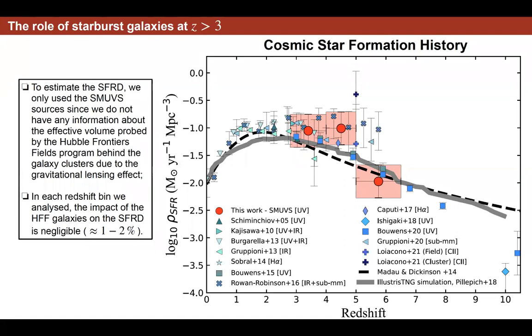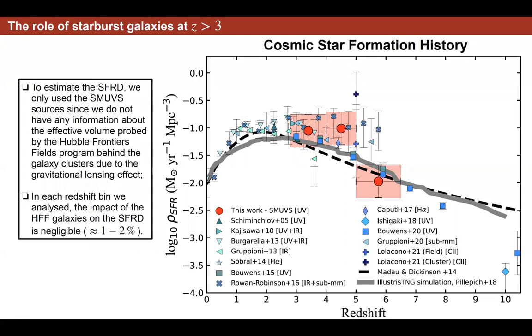So here I show you the cosmic star formation rate density. As you can see here in red, our data are in good agreement with the literature. Here I show you the past literature with the data from UV plus infrared, and also from submillimeter.